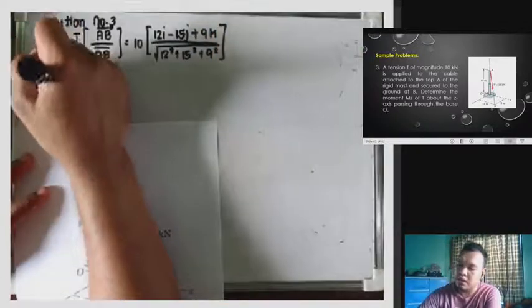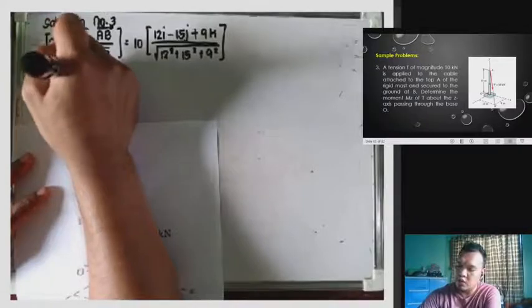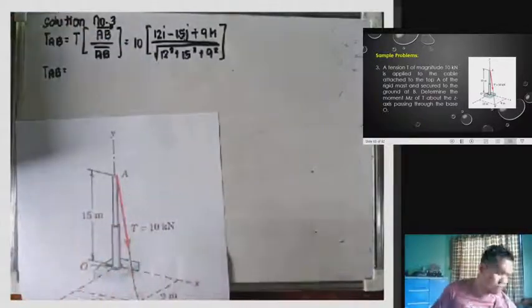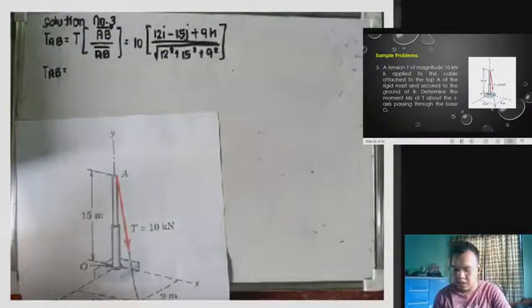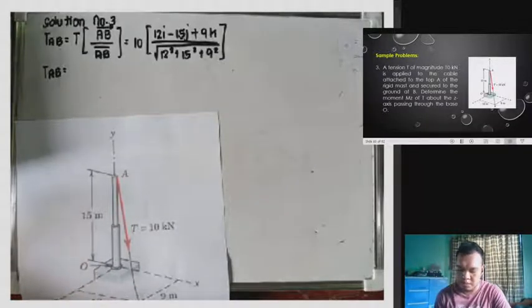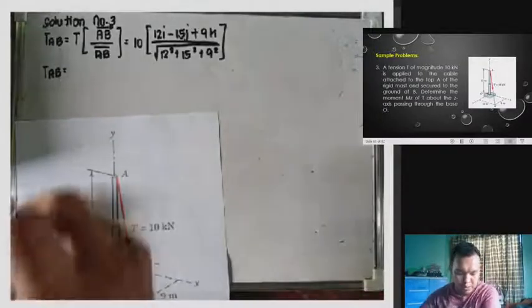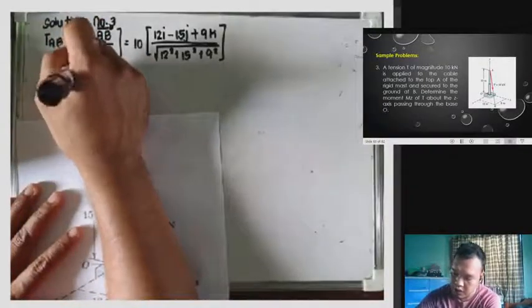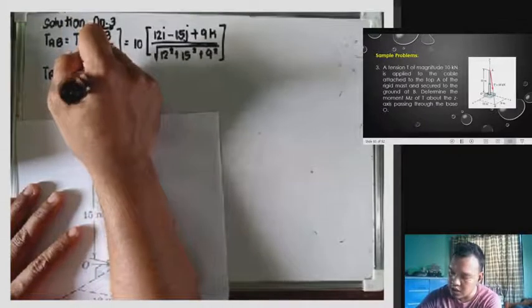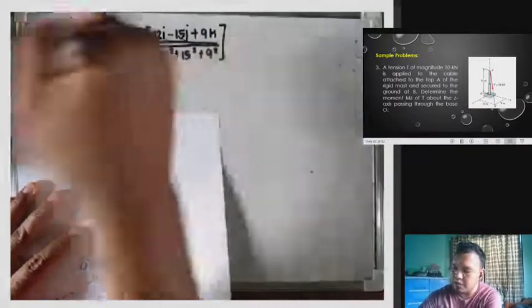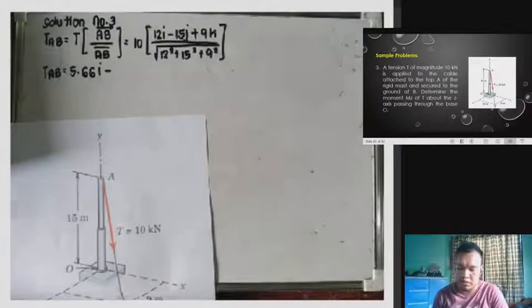Therefore, we have here TAB is equivalent kay 10 multiplied by 12 all over the square root ni 12 squared plus 15 squared plus 9 squared. So we have here 5.66 I minus, so palitan lang natin yan, 10 times negative 15 all over the square root is 12 squared plus 15 squared plus 9 squared.